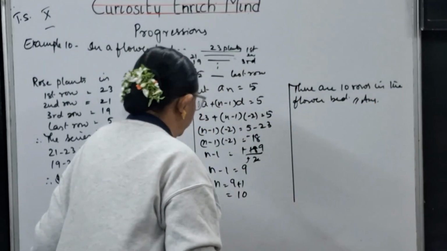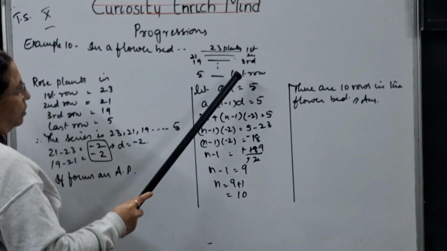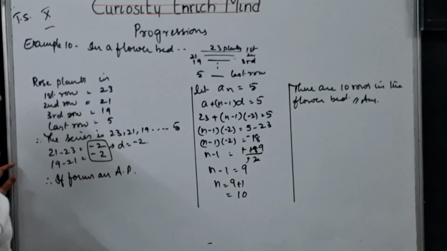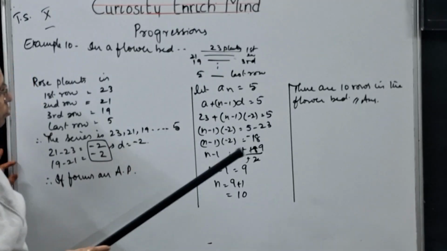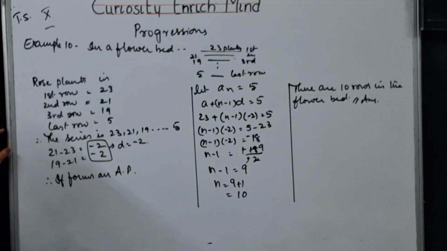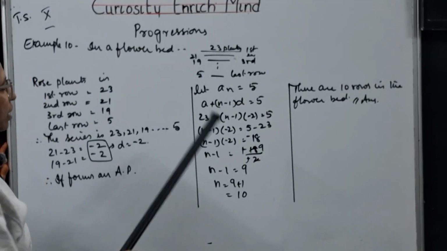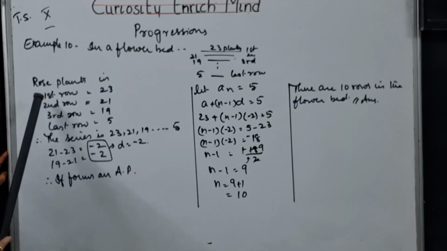So, what is given to us? In a flower bed, rows are there like this. First row 23 plants, second row 21 plants, third row 19 plants. So on it continued up to 5 plants in the last row. So let us see here.